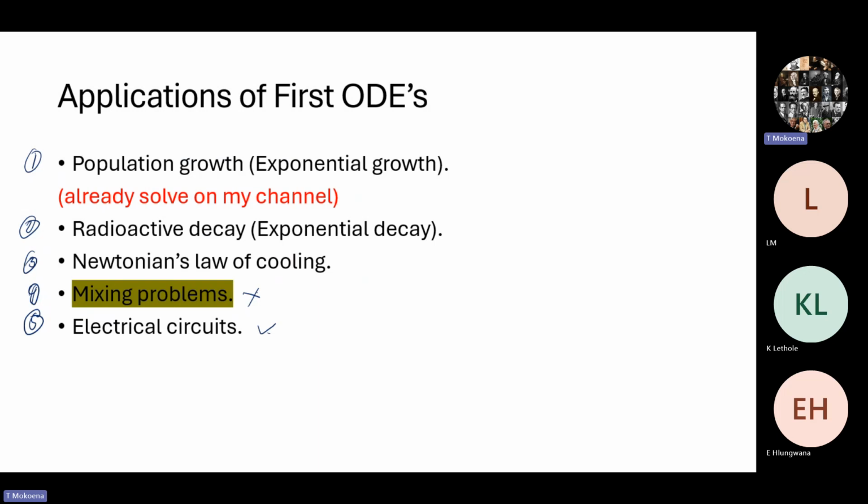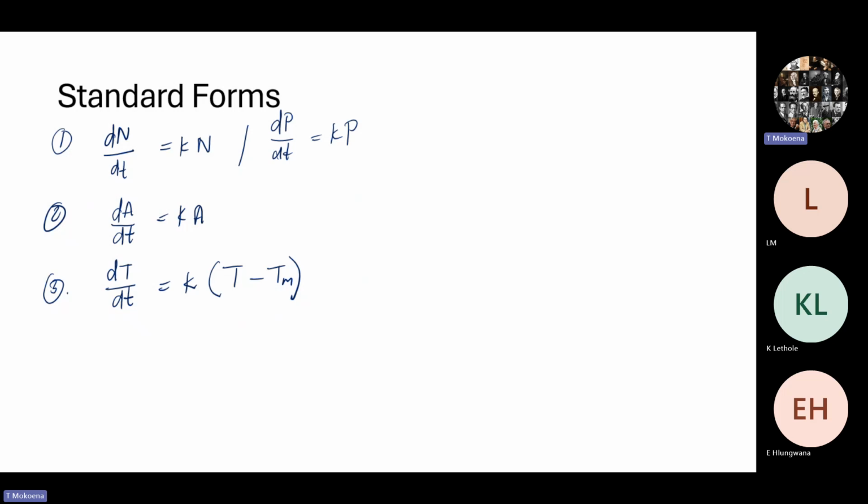I want you to understand how the standard forms of electrical circuits actually go. So now we're going to focus only on these three parts: the standard forms for population growth, radioactive decay, and Newton's law of cooling. Please, guys, make sure that you familiarize yourself with these standard forms moving forward.